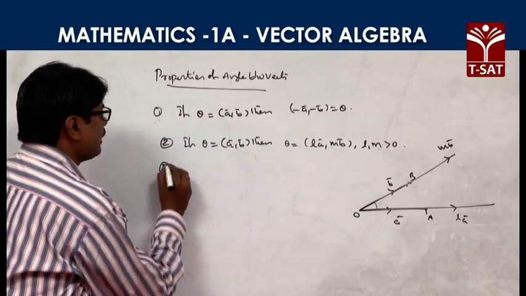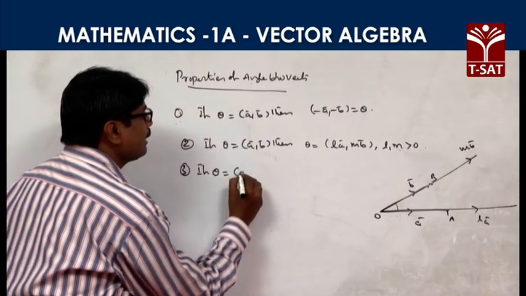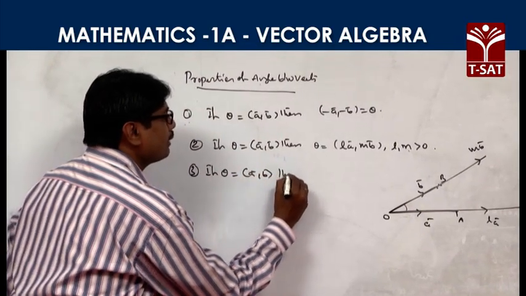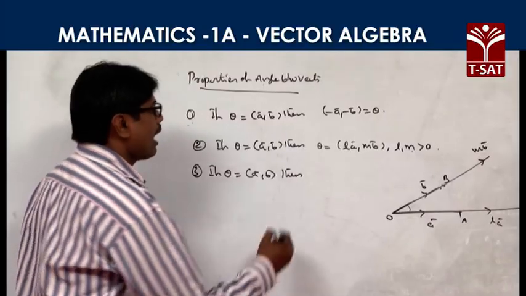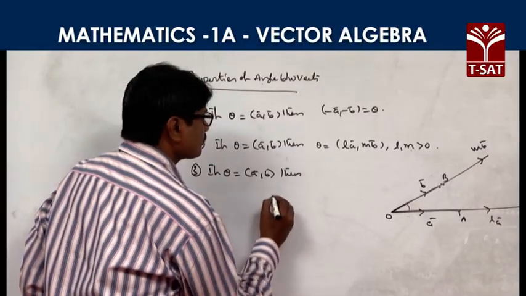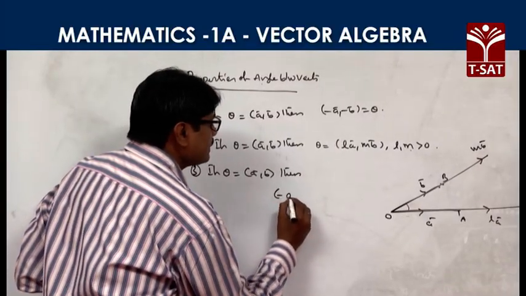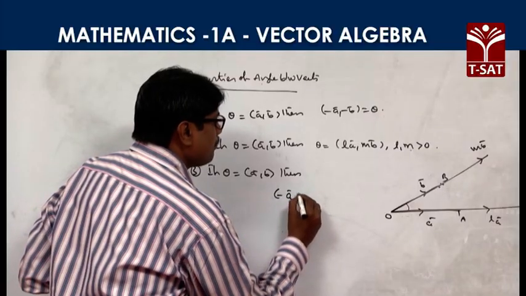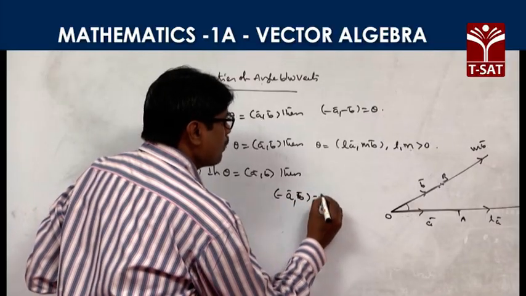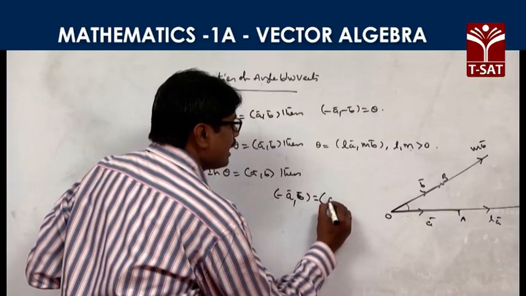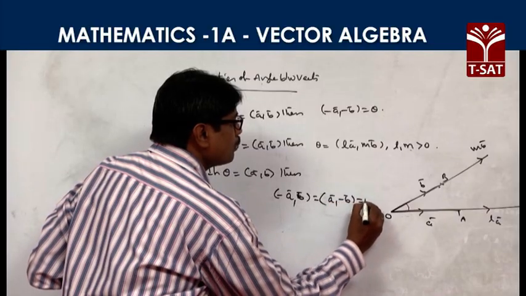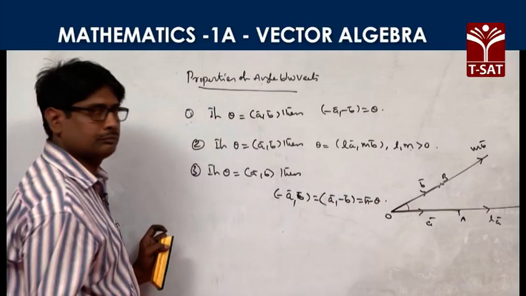And third property, if theta is the angle between A bar and B bar, then the angle between minus A bar and B bar is equal to the angle between A bar and minus B bar, equal to pi minus theta.